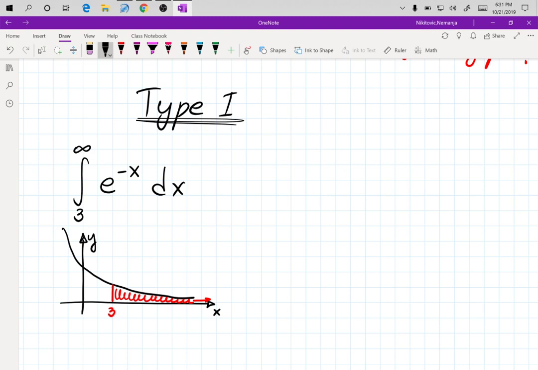So now what you have here is a standard Calc 1 integral. Nothing to worry about, right? You will integrate, you will plug in the limits, you will get some answers, and when you get the answer in terms of b, then you shoot that b to infinity.